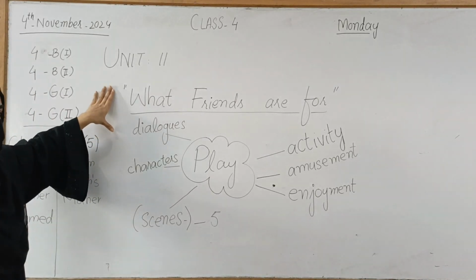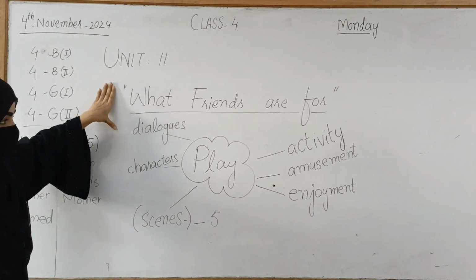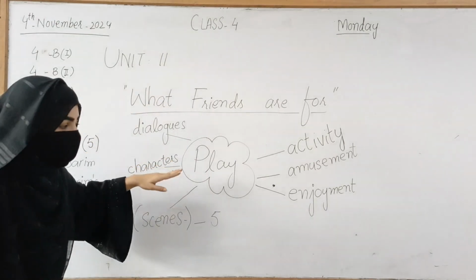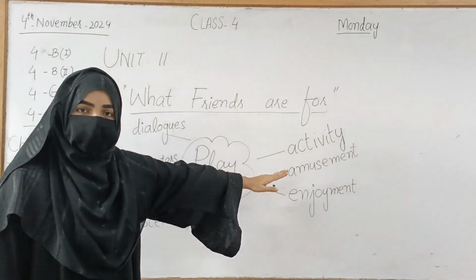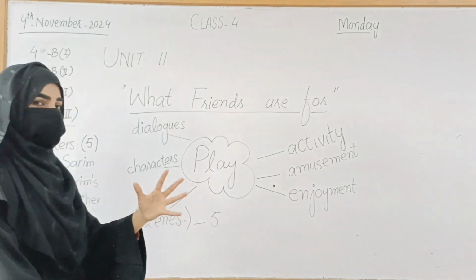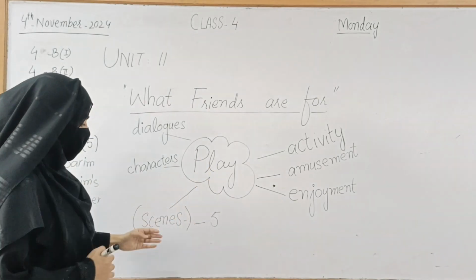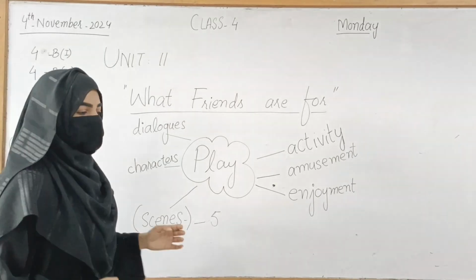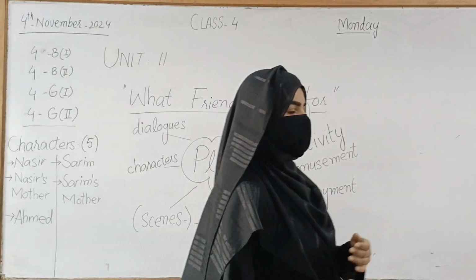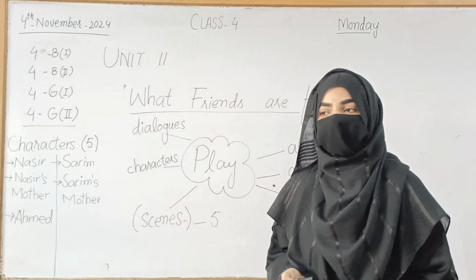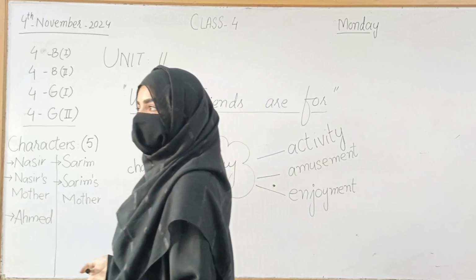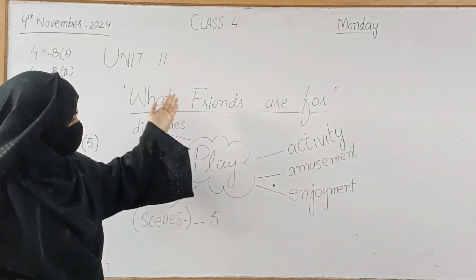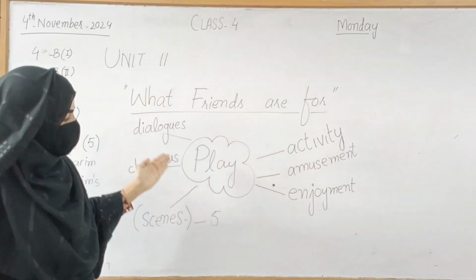So, we have figured out that What Friends Are For is a play, and a play is an activity in which different characters come along and different scenes are performed. For example, you have seen some kind of plays and dramas on your televisions. So this is that kind of drama, that play.